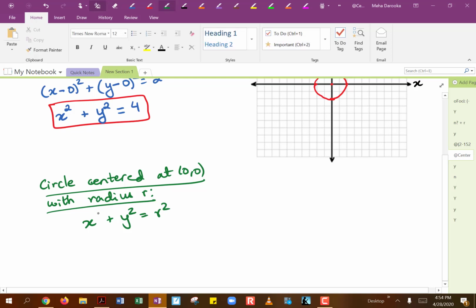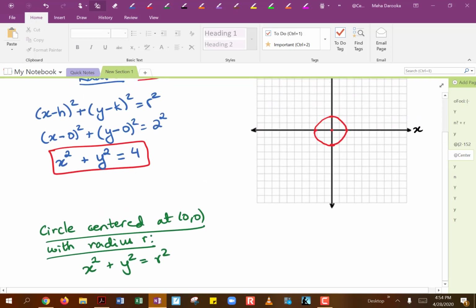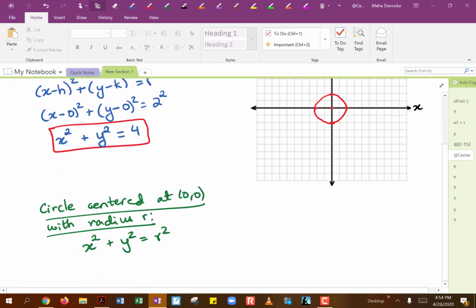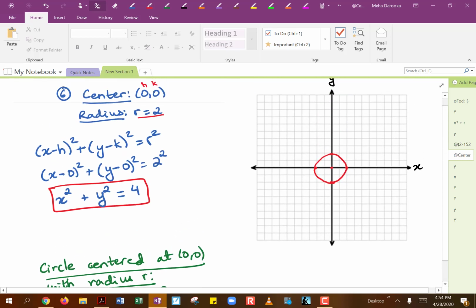So the only difference here is you don't have to worry about that x minus h and y minus k. When your center is at 0, 0, you'll just have x squared plus y squared on the left hand side and then r squared on the right hand side, and you will see that's exactly what we ended up getting for the equation of this example. X squared plus y squared equals r squared, which happened to be 2 squared, which gave you the 4. Okay, so that might help you out also.